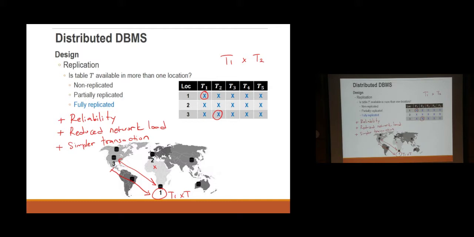Or you do it the other way: 1 sends to 3, and location 3 computes T1 cross T2, and then you get the data back from here. Okay, that costs a lot. Especially if sending data over is not cheap, or if the data that you send over is very, very large. If your table consists of 1 billion records, then it's going to be very, very costly to send over the data.